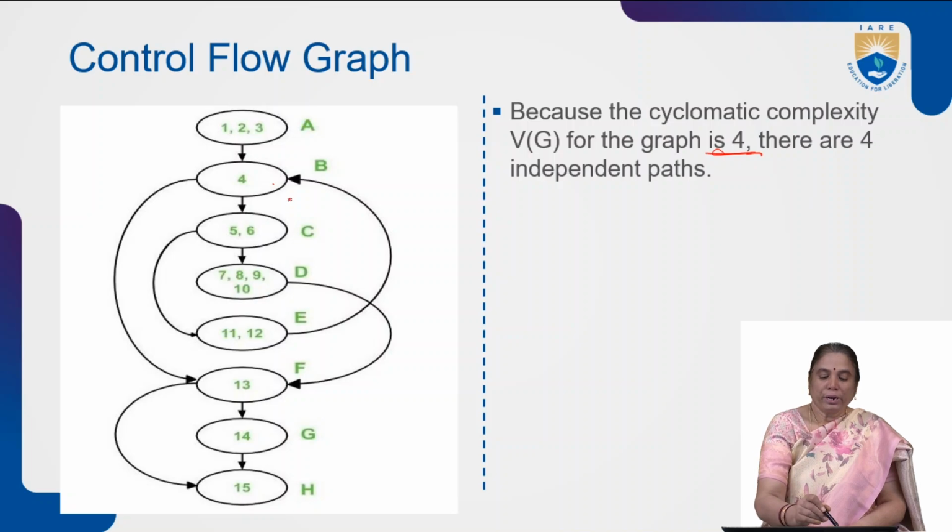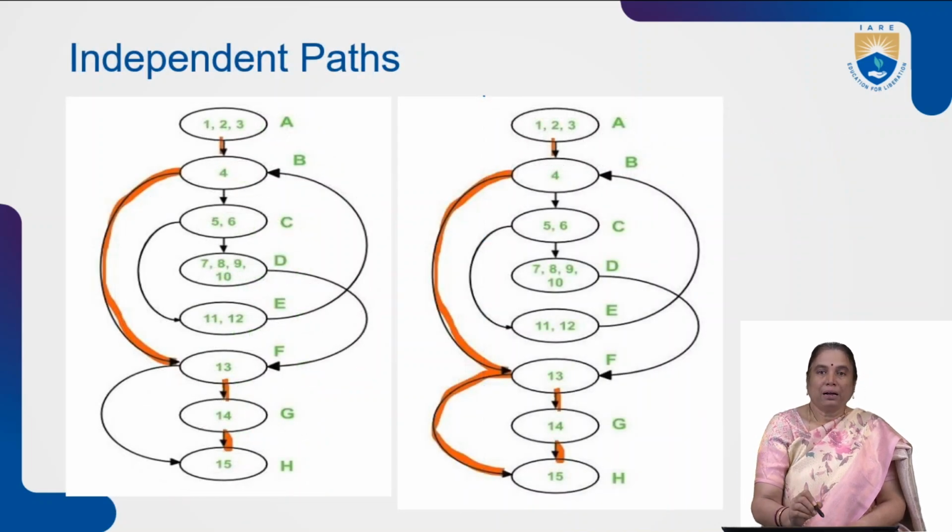Here 4 independent paths are present in this control flow graph, so 4 is the cyclomatic complexity of this flow graph. What are those 4 independent paths? From the starting point of the program to the program exit, the multiple routes through the control flow graph can be considered as independent paths.